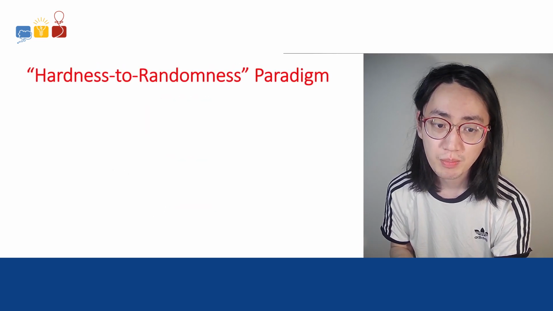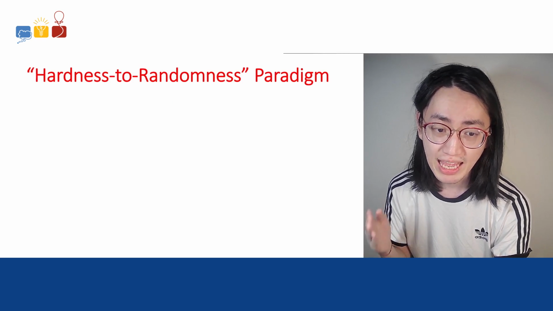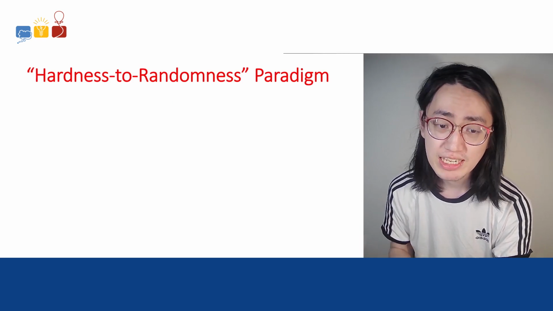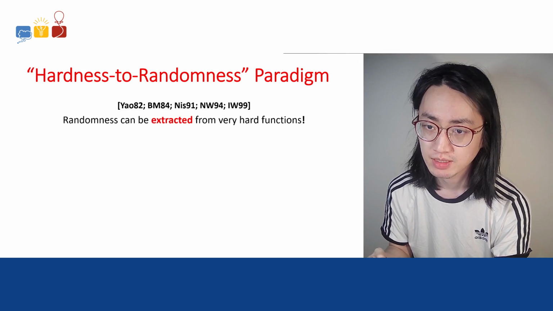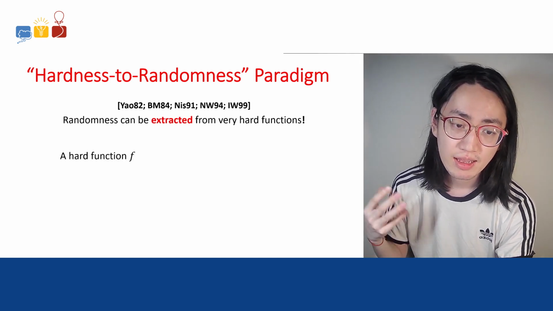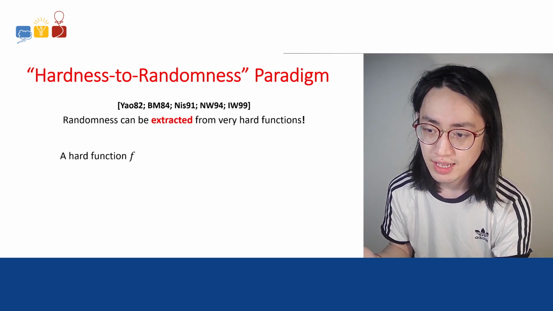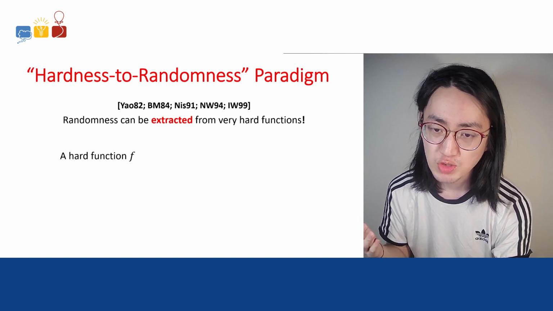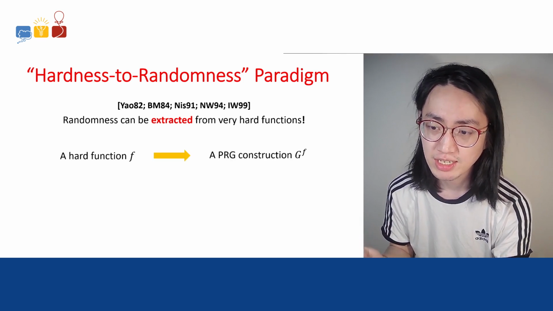So now let's talk about the constraint on the running time of G. For this, we have to explain some details about the hardness-to-randomness paradigm. The idea here is that we start with a hard function f, and we then use it to construct a PRG g^f, which is based on the hard function f.